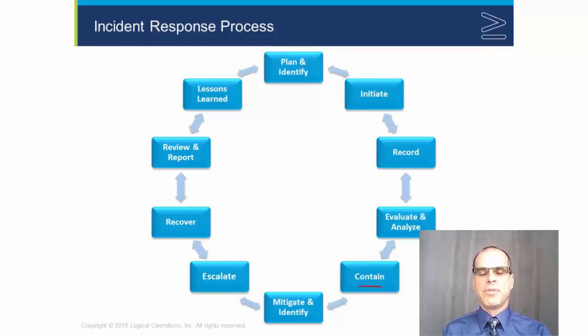We may need to obtain authorization from senior management in order to go further with our investigation. Because, of course, if we do decide to move on to using digital forensics to analyze what has happened, there's going to be a very real cost associated with that. And so we have to make sure that we've got approvals and funding to support that.